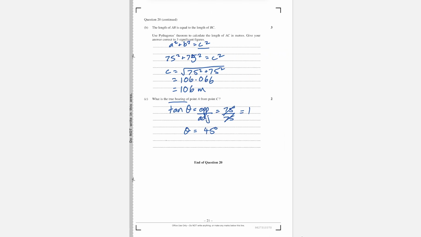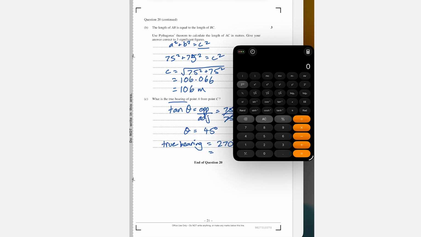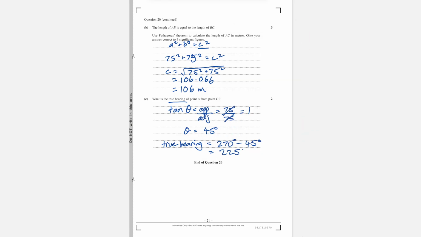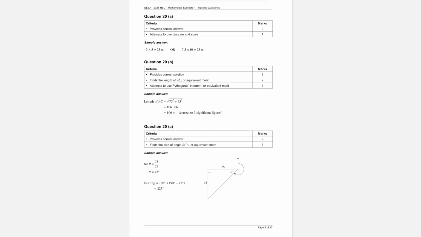So true bearing is equal to 270 minus 45 degrees. All right, putting that in our calculator, 270 take away 45, 225. There we have it.